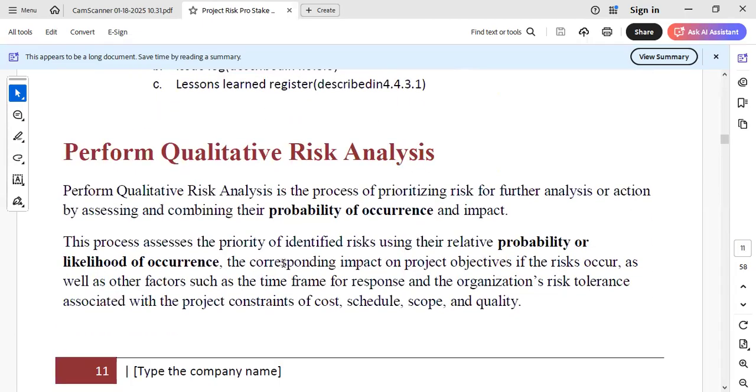Okay. So now we want to perform qualitative risk analysis. You want to analyze those risks identified and placed on the risk register. Now you want to assess and combine their probability of occurrence and impact. When we say probability of occurrence, we are saying the likelihood of occurrence. And this may be on a scale, maybe a scale of 1 to 5, a scale of 1 to 10.